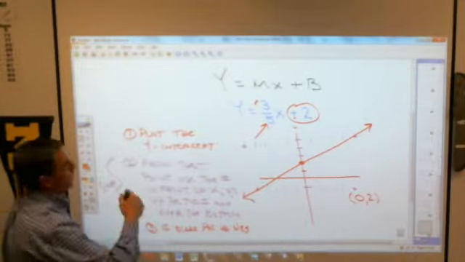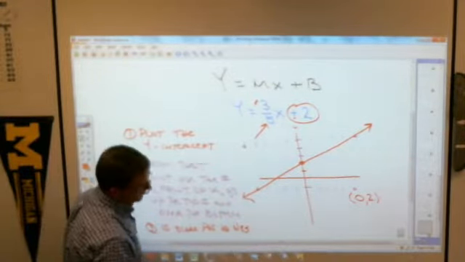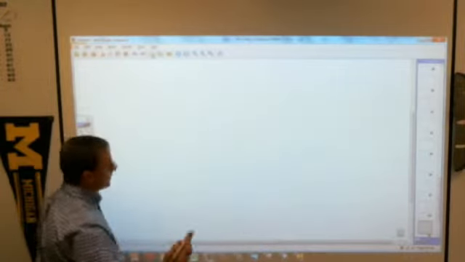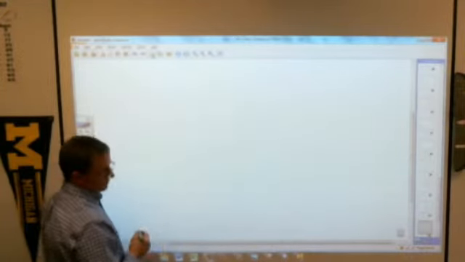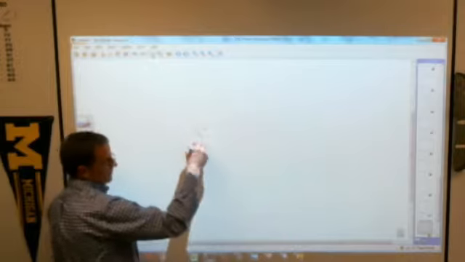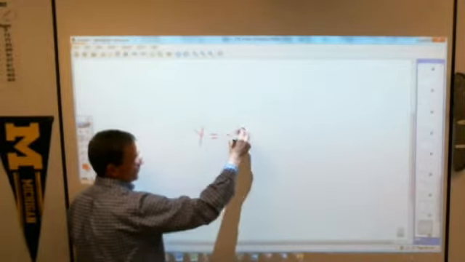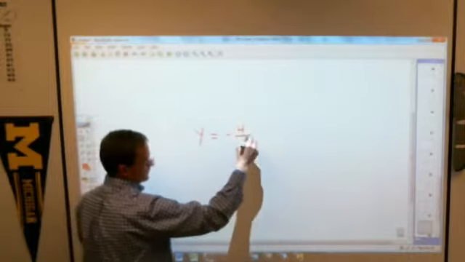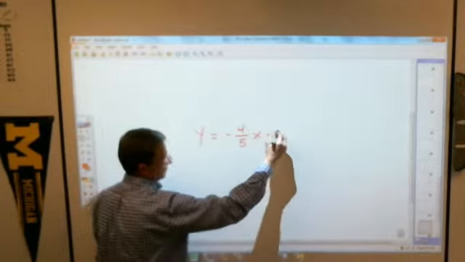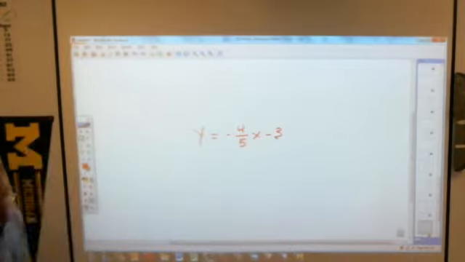Yes, Mr. Hall. So here we go, and I will ask you, by the way, to sketch these. On your homework paper you have coordinate systems all over the place. Sketch this for me. Y equals negative 4/5 x minus 3. Negative 4/5 x minus 3, you should be done by now.